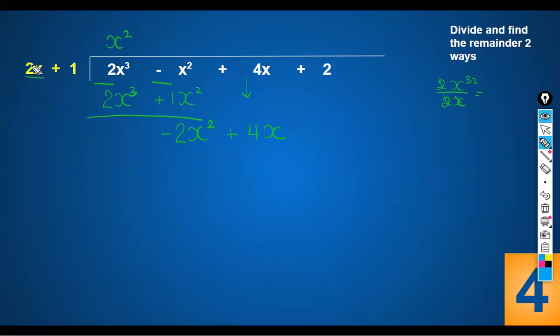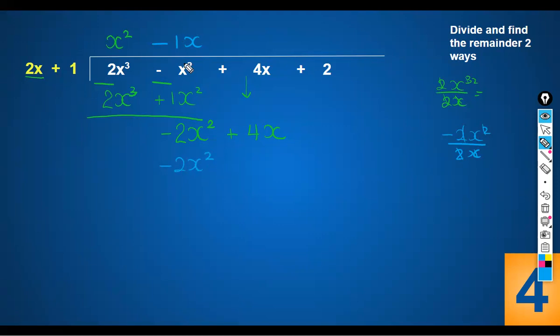Let me see. 2x into minus 2x squared. Minus 2x squared divided by 2x. You'll get minus 1x, right? Or some people might just put minus x, but we know what's understood. Minus 1x multiply, you'll get minus 2x squared here.